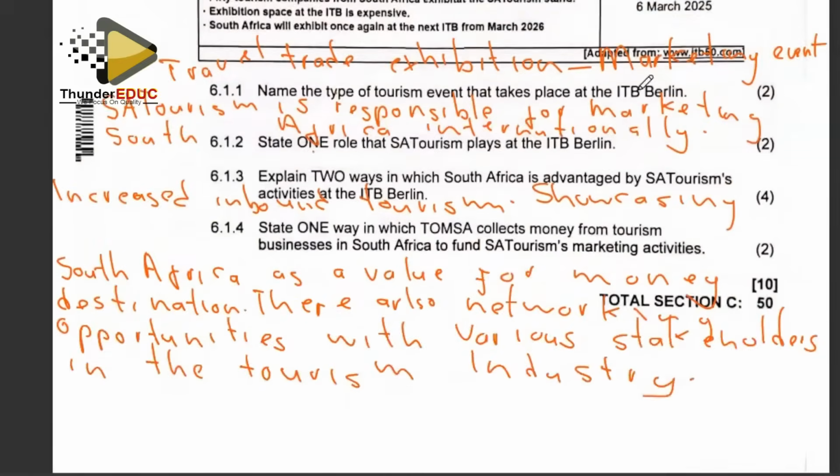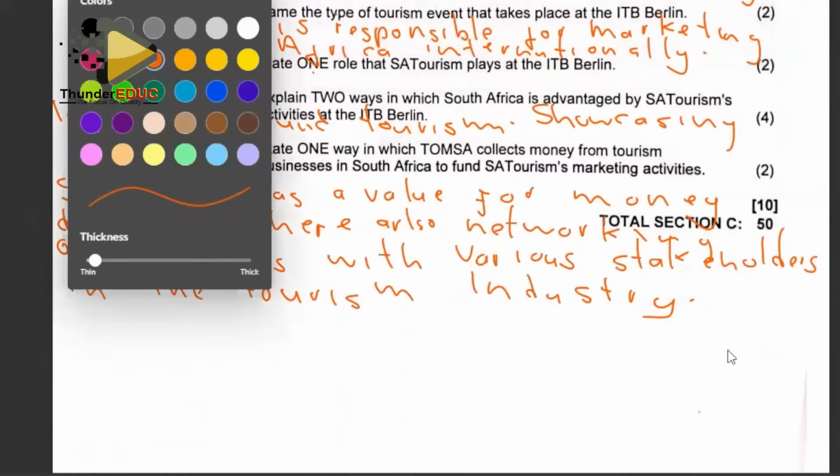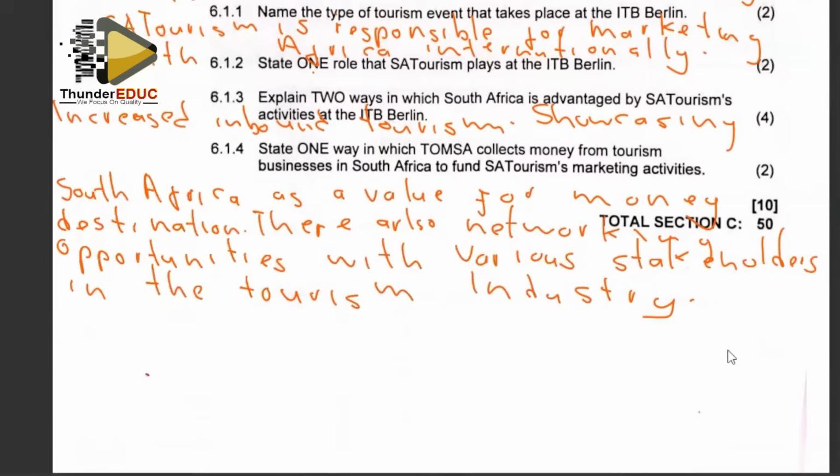Then state one way in which TOMSA collects money from tourism businesses to fund South Africa's marketing activities. So this is done through the collection of the 1% levy.